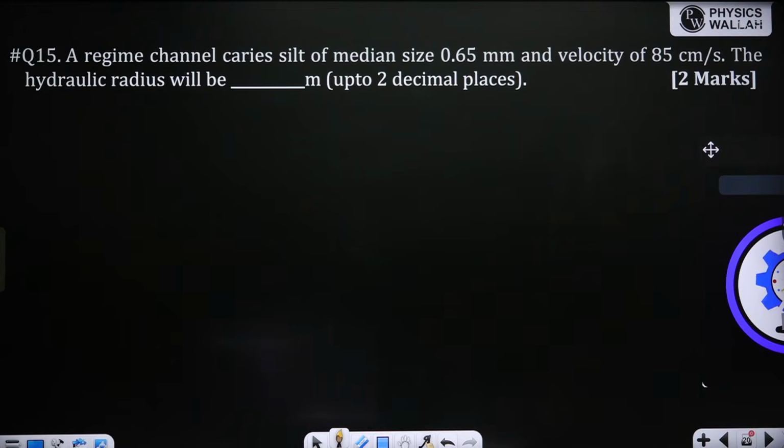Irrigation questions generally will be simple. What is the F value?